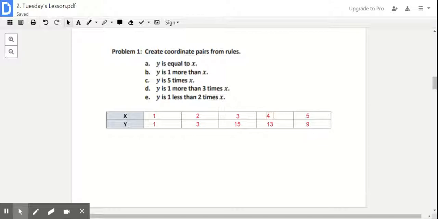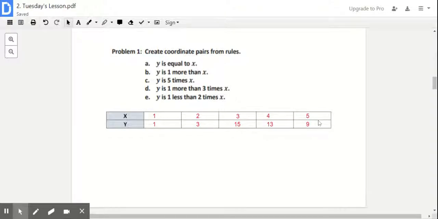So look what I put right here. I did 4 and 13. How did I get to here? Exactly. So I multiplied 4 times 3, which was 12, and then I added 1 more to get to my y, which would be 13, because y is 1 more than 3 times x. So 4 times 3 is 12, plus 1, 13.